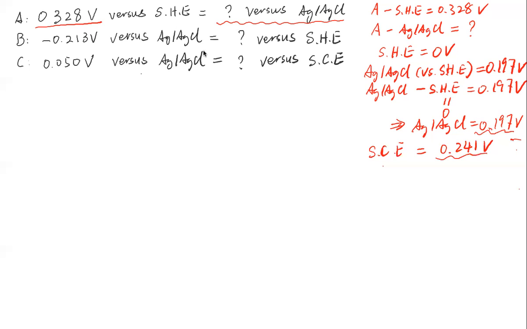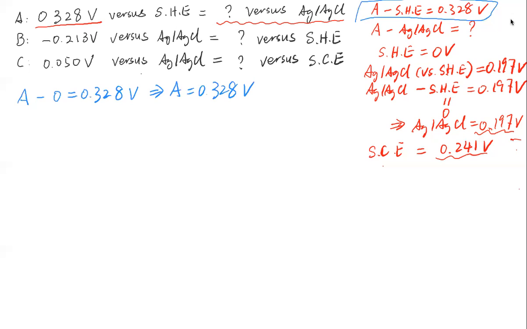Okay, and now let's go to question number 1. Because A versus SHE is 0.328, we know that A minus SHE is 0.328 volts, which means that you can say that A is 0.328 volts using SHE as a reference, right?